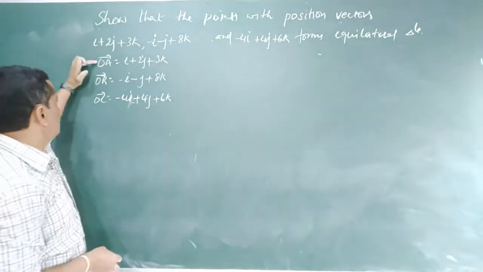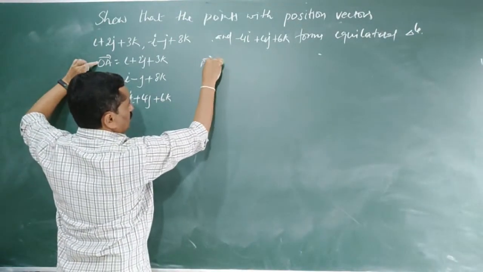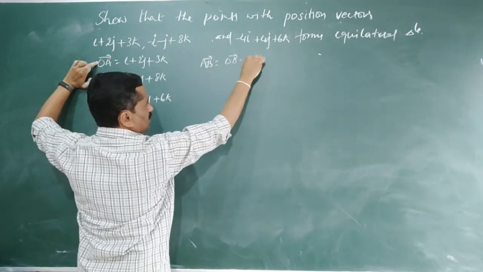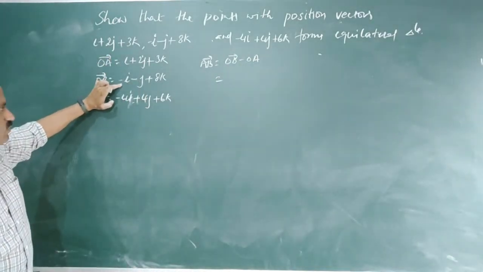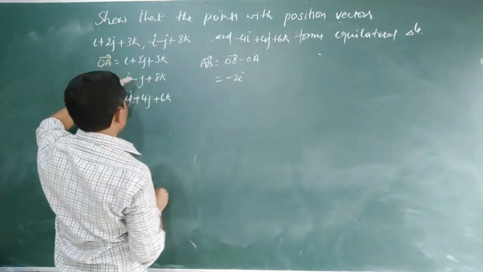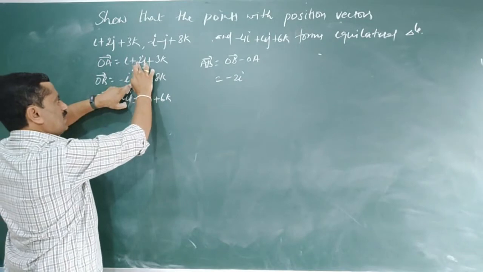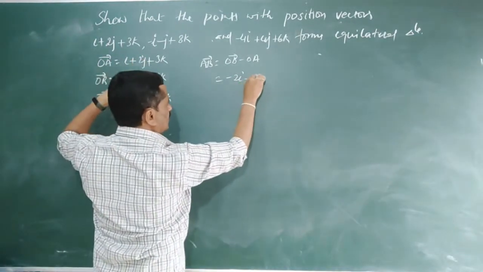So we'll find AB bar first. AB bar can be written as OB bar minus OA bar. That is equal to this minus this. Here minus 1 minus 1, we have minus 2i. Again minus 1, minus of plus 2, we have minus 3j.